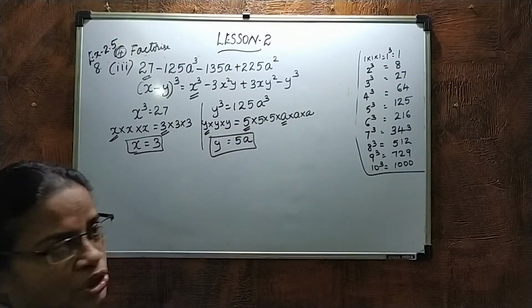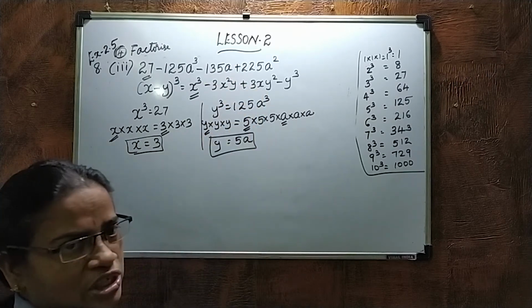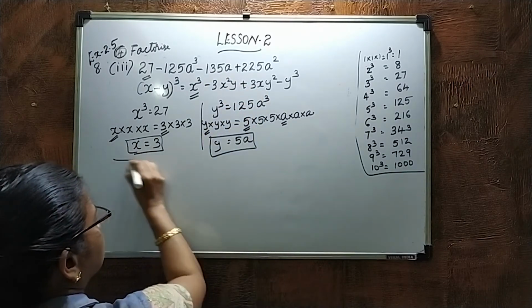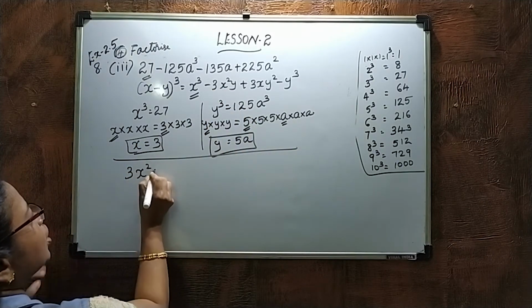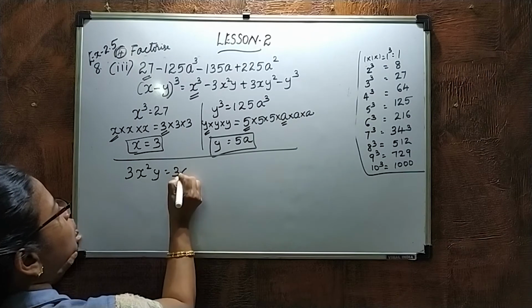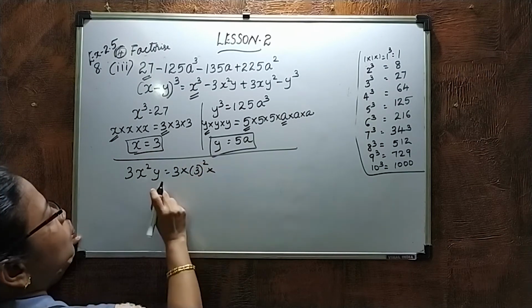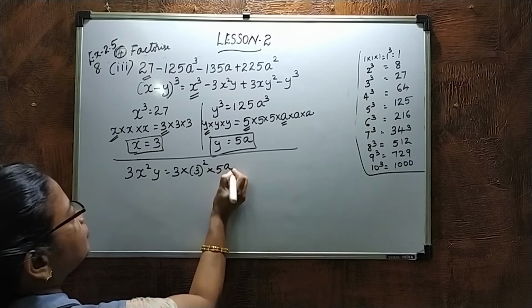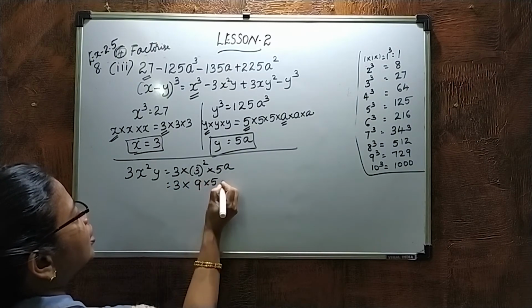Now what you have to do? You have to check whether 3x square y is what, and 3xy square is equal to what. So here it is 3x square y. 3x square y equals 3 into x is 3, that means 3 square, into y is 5a. That means 3 into 9 into 5a.